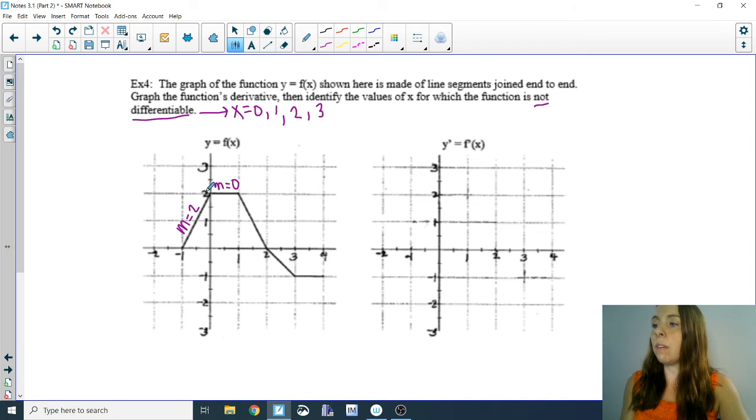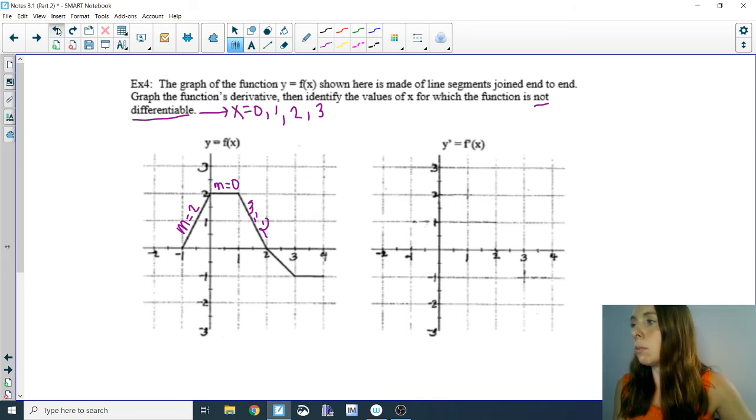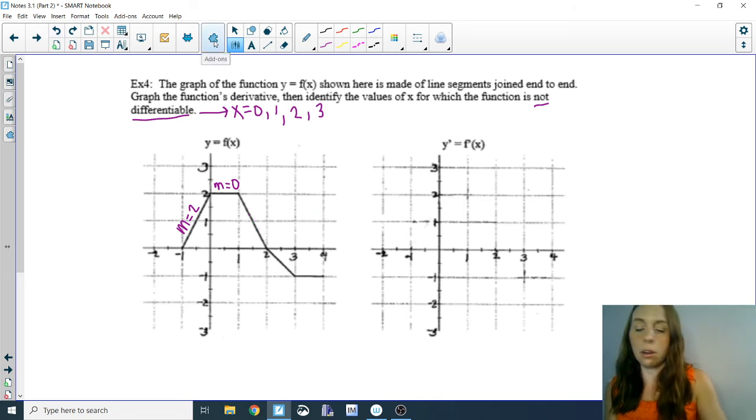Now let's finish off this graph by just talking about what the slopes are everywhere. We have a slope of down 2 over 1, down 2 right 1, which we can call a slope of -2. M equals -2. And then from x equals 2 to x equals 3, we're looking at a slope of down 1, right 1, which is a -1 slope.